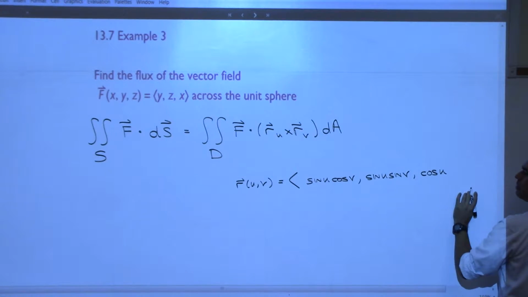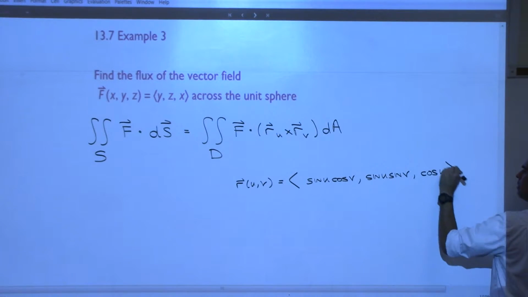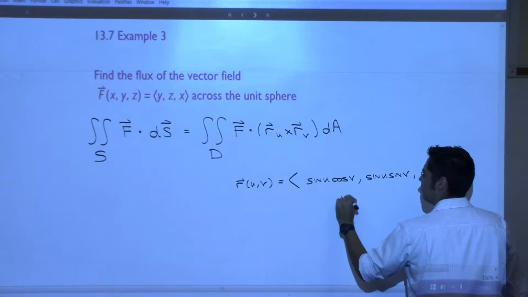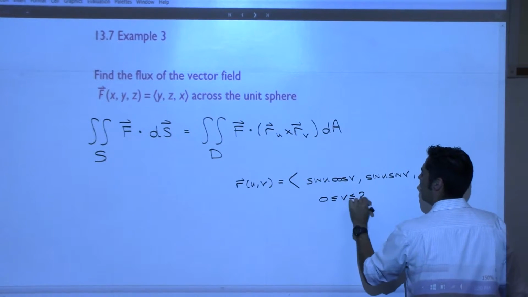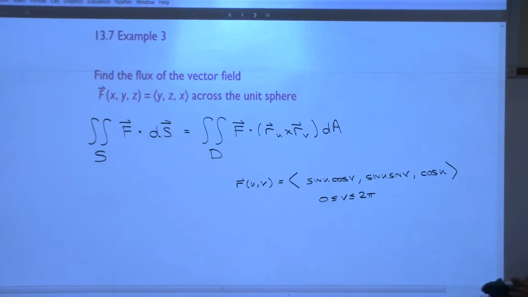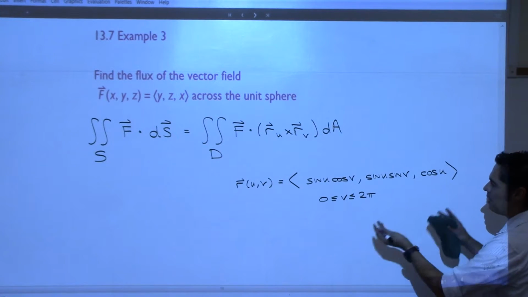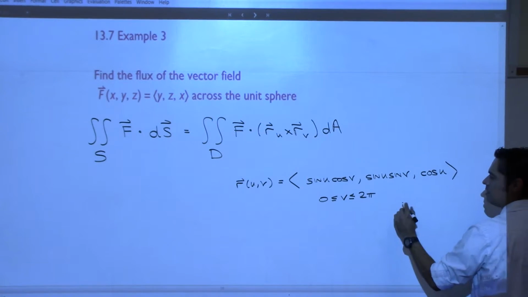Wait a minute. Is that right? V is between 0 and 2 pi. See, if you're using phi and theta, it's hard to get mixed up. But if you use U and V, it doesn't matter what you use. You can do the whole thing, switch them all and switch your limits, and it's the same answer.